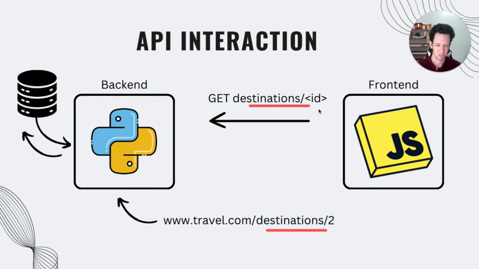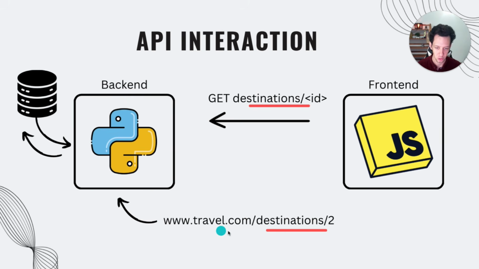But you're like, wait, Josh, where's the URL? Where's the rest of this? The domain that you're used to, like www.google.com, the domain is actually held by the backend. The backend is responsible for holding and housing the domain.